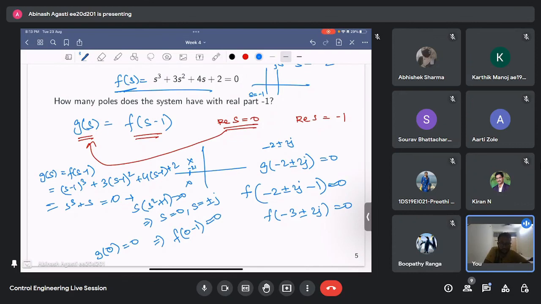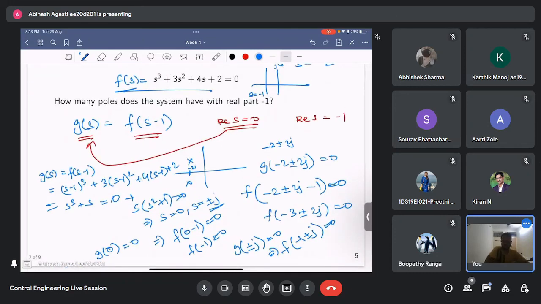Is that not correct? Is it clear till here? So that means f of minus 1 equal to 0. Right. So now similarly, if I write g of plus minus j equal to 0, that means f of minus 1 plus minus j equal to 0, right?